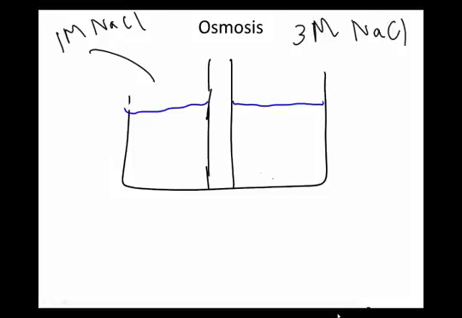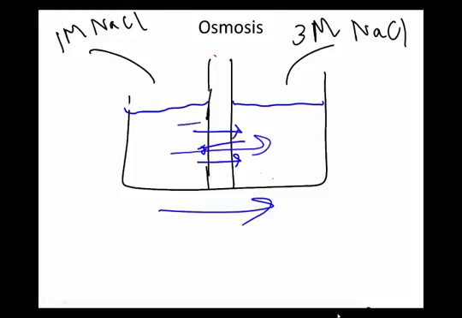Remember, the greater the concentration, the more the solvent flow is impeded from that direction. So you're going to have solvent flow from both directions, and they're both being impeded, but the direction this way is impeded more. So the net direction is this way. The net direction is from left to right, from more concentrated to less concentrated. So what happens over time is you have the solvent changing like this.